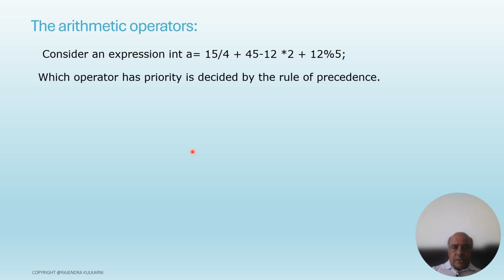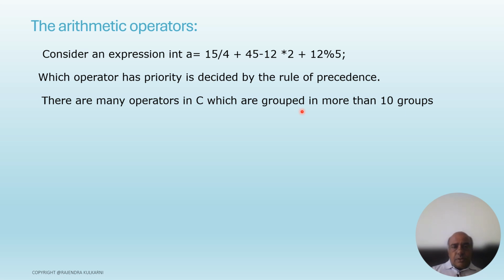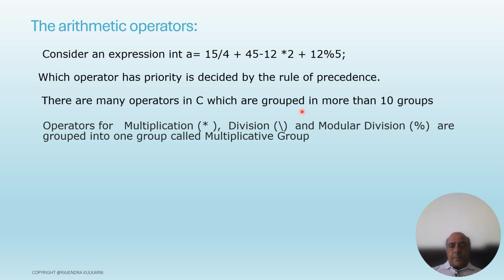See, there are two rules by which the arithmetic operators are governed. The first rule is the precedence rule. There are many operators in C. All those operators are grouped in more than 10 groups. Operators for multiplication, division and modular division are grouped into one group, and that group is called the multiplicative group.